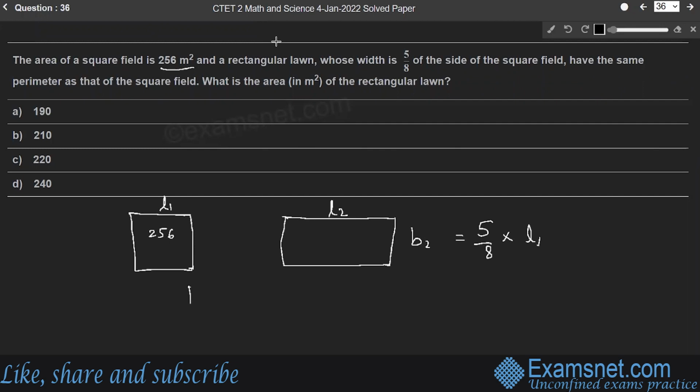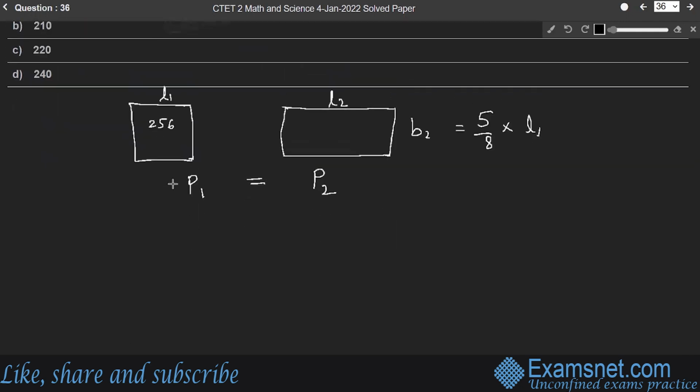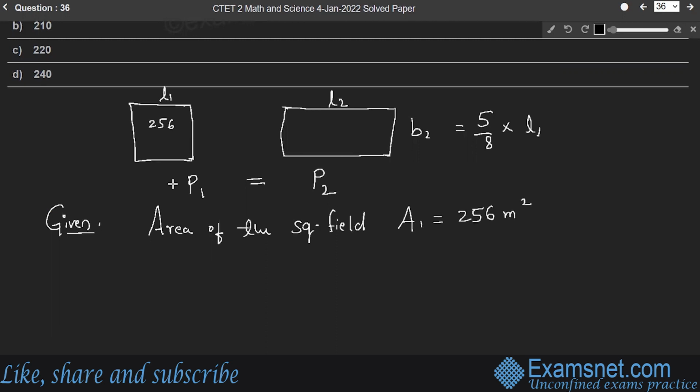So given that perimeter of the square field is equal to perimeter of the rectangular lawn, let P1 be perimeter of the square field, P2 be that of rectangular lawn, P1 equals P2. Okay. So given area of the square field A1 is equal to 256 meters square.